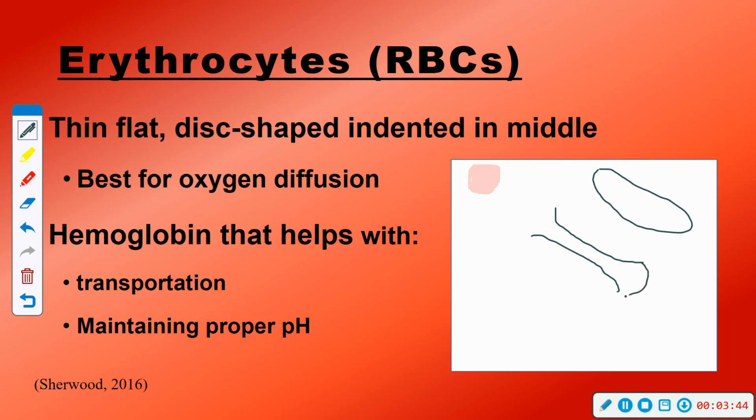So I still need to make the cell, so I need to make my disc and make it connected. But what happens is this part is caved in, and this part. When that happens, the surface area of that cell has been increased, which is beneficial for the oxygen diffusion to occur.